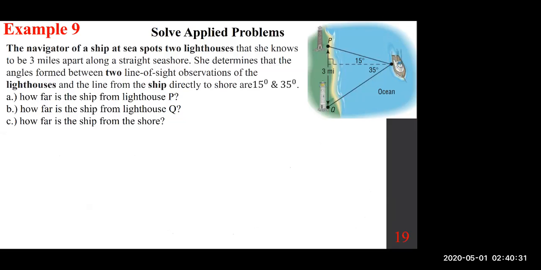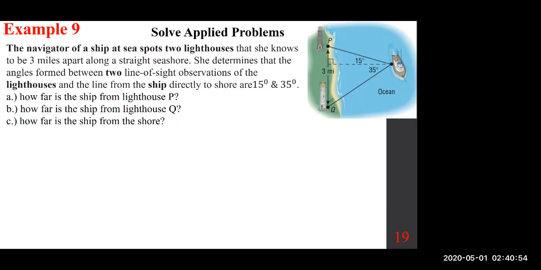So this is the last question. Again, if somebody would be kind enough to read the question for us, I really appreciate it. The navigator of a ship at sea spots two lighthouses that she knows to be 3 miles apart along a straight seashore.